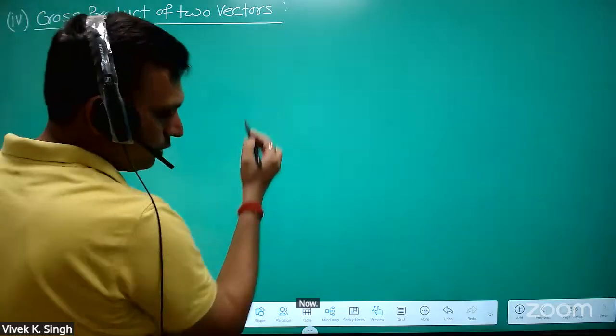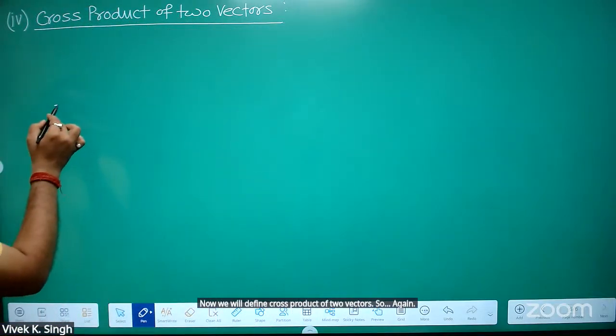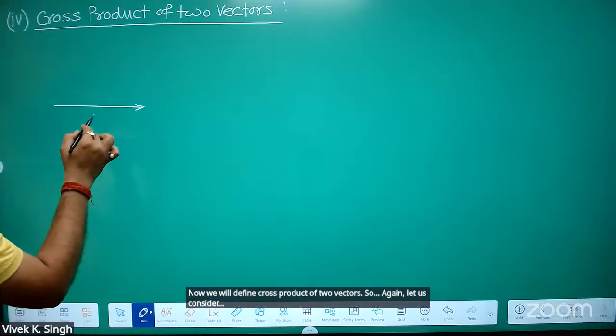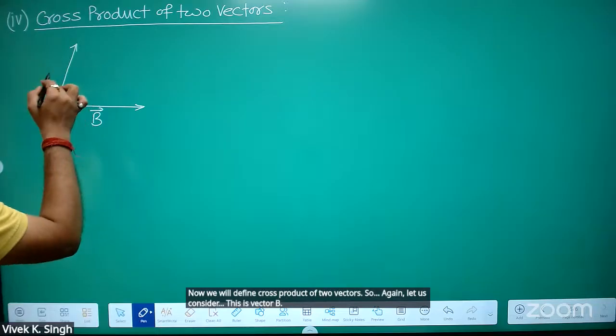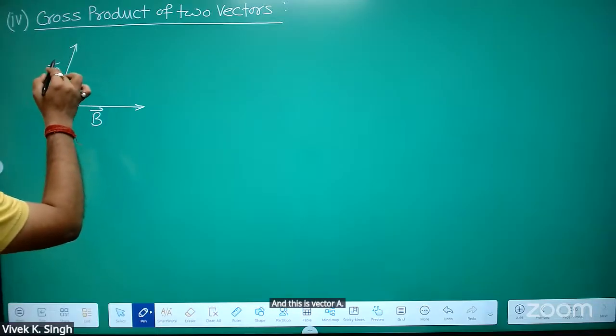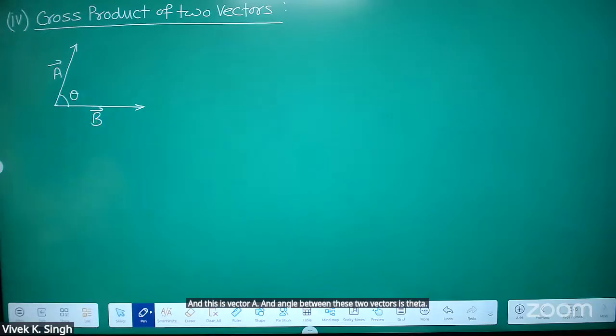Now we will define the cross product of two vectors. So again, let us consider this is vector B and this is vector A, and the angle between these two vectors is theta.